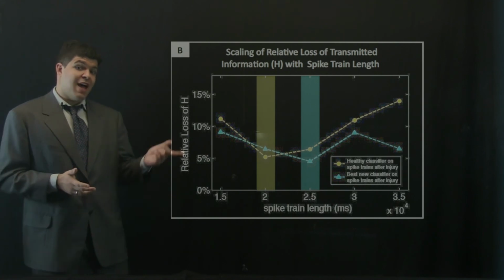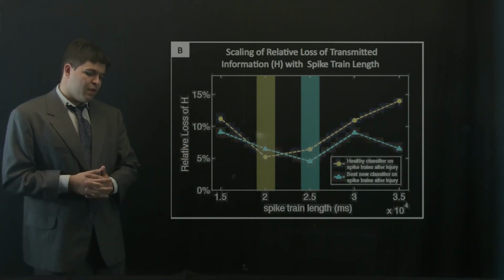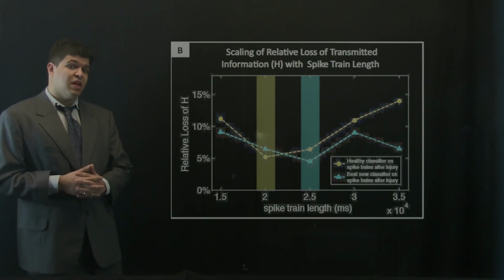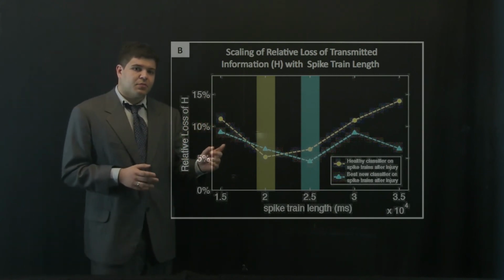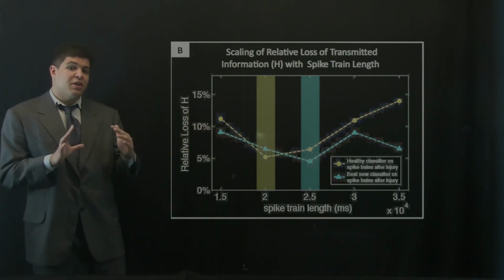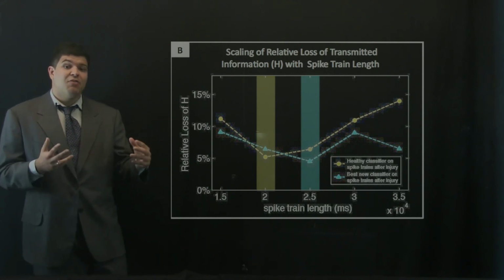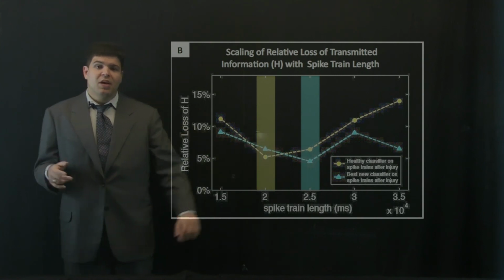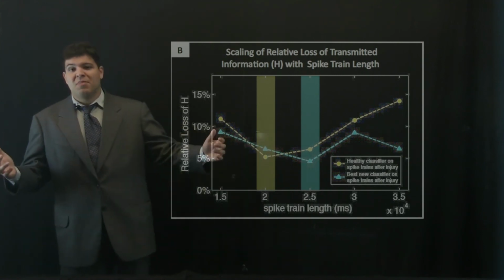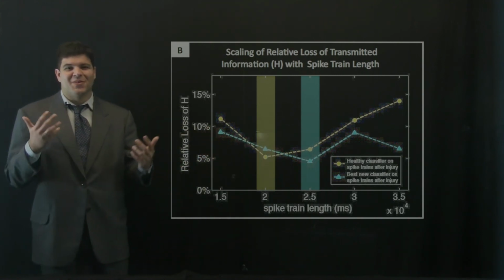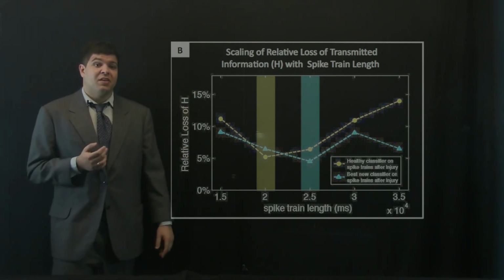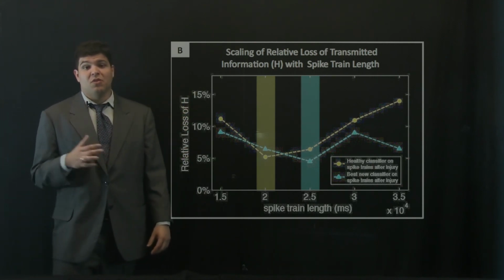So we evaluated that expression for the 10 Poisson classes, and we also started to change the length of the spike trains. We made the spike trains bigger and bigger to see whether it gets harder or easier to confuse them. So we studied the scaling of the relative loss of transmitted information with the length.